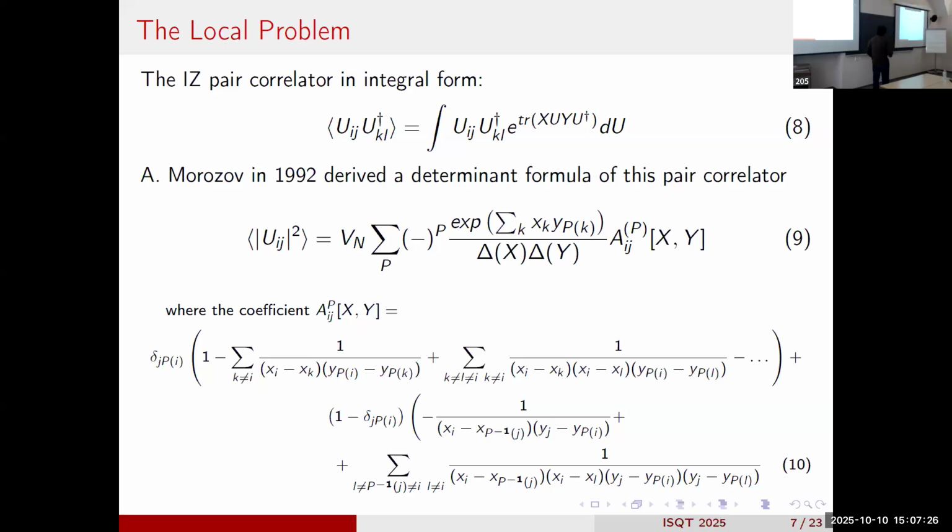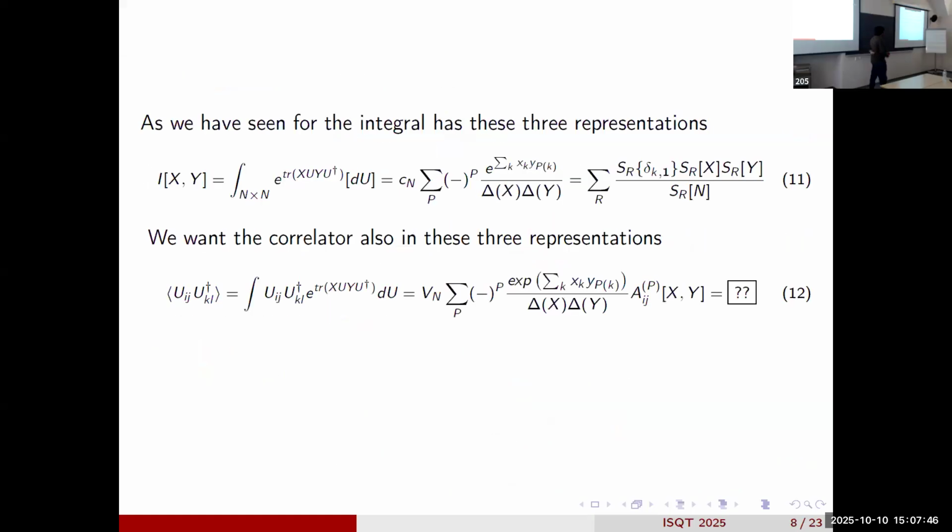But there is also a problem: if you have, for example, a 5 by 5 matrix, this formula will require you to calculate 120 exponentials. So it's also not so pleasant, this formula. So we try to do further generalization from this one. As you see, we actually try to find the analog of this integral, an integral formula for this correlation function, the 2-point correlation function.